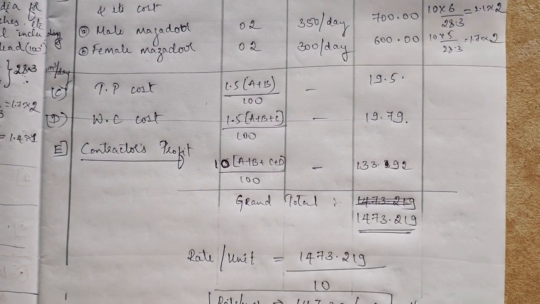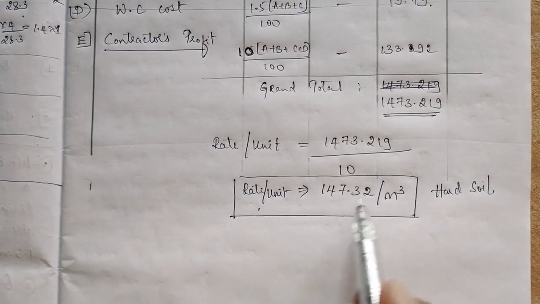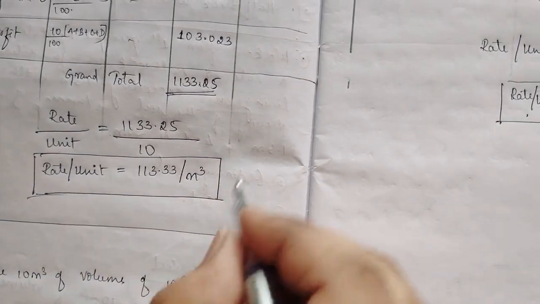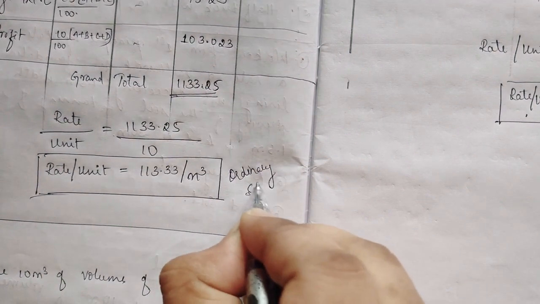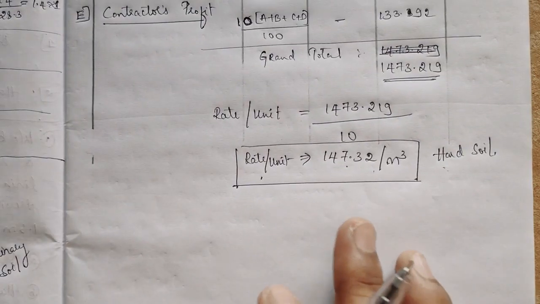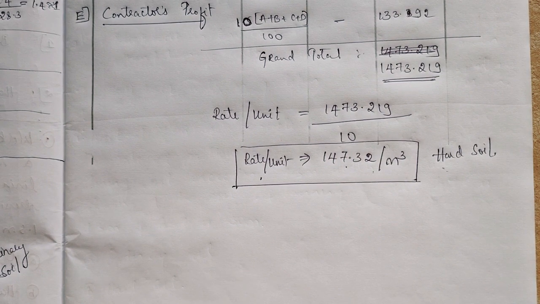Sorry, this is the rate per unit 147.32 for hard soil. So what we got for ordinary soil? Ordinary soil, it's easy, 113.33 per meter cube, whereas for the hard soil we got 147.32 per meter cube. So this was an example for the excavation type of work.